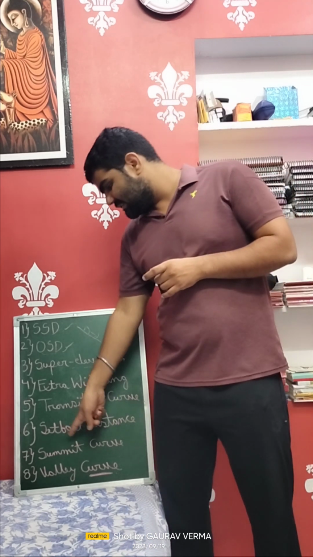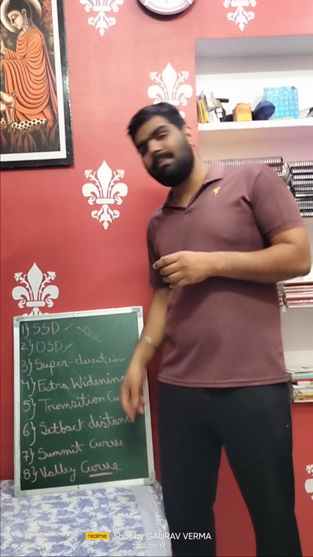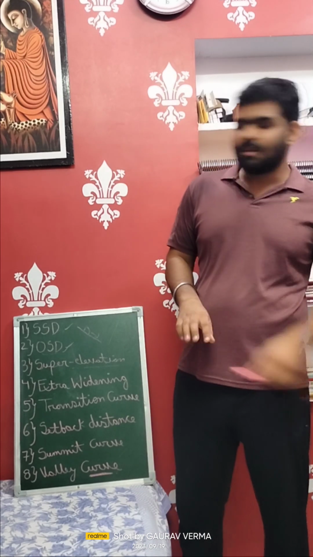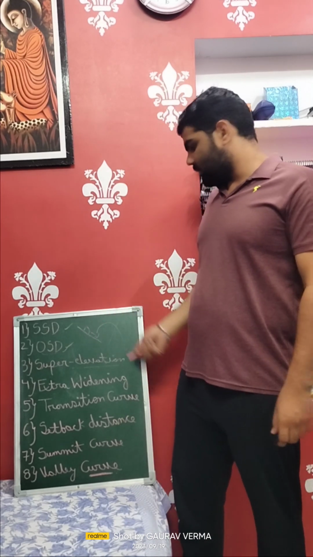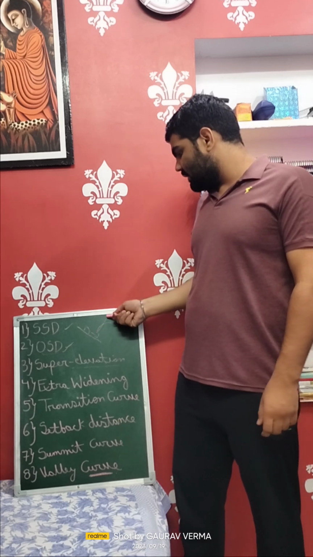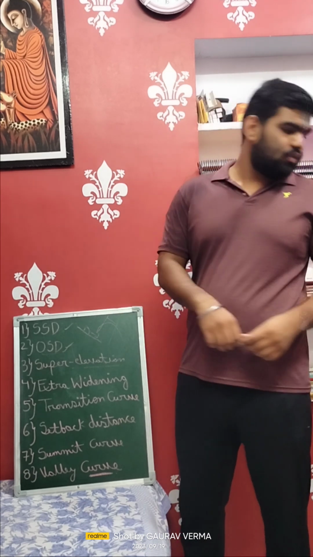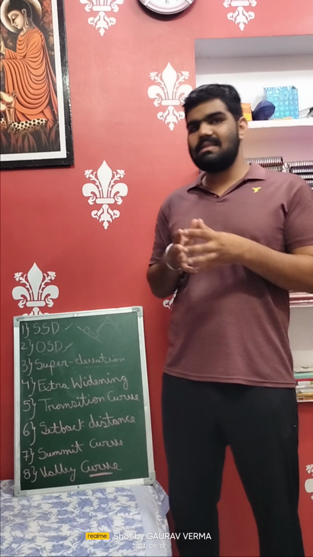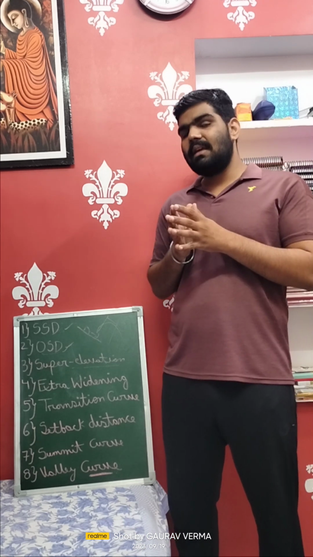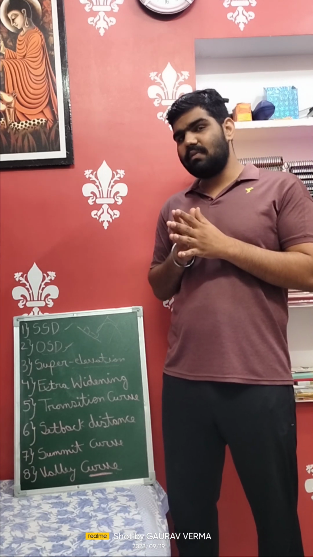Now our seventh topic is summit curve. What is summit curve? Summit curve is the type of curve where the vertex point is above the curve. There are formulas for the length of summit curve.